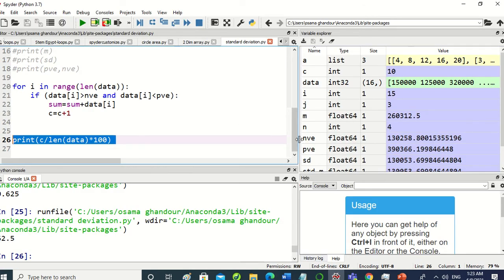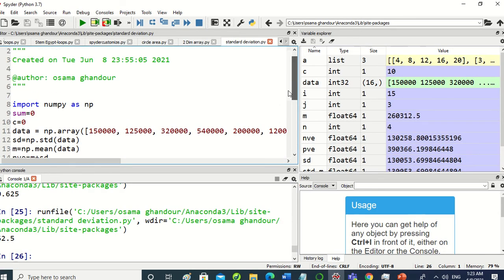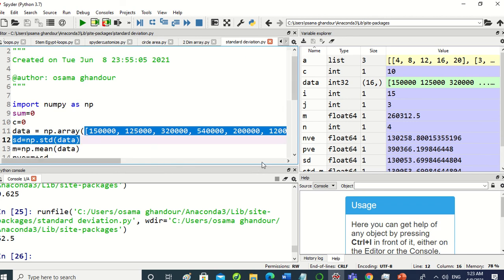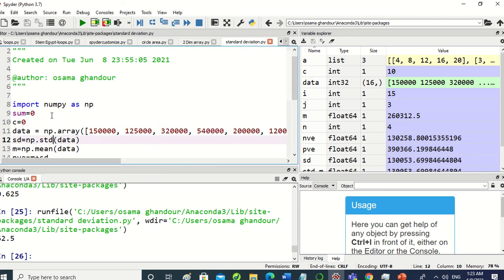I wrote it. So we have here our data set, which is this list. We will translate it to an array. So first we import the NumPy library and call it np. And I define the variable sum and the variable c. This is a counter I will use later. Data, which is an array variable, equals np.array.